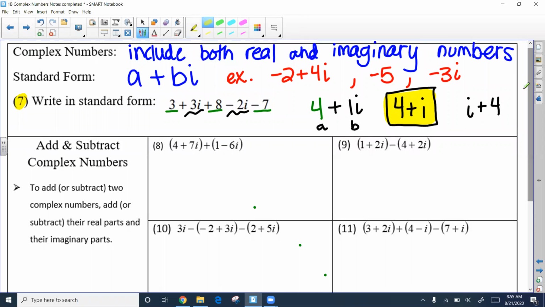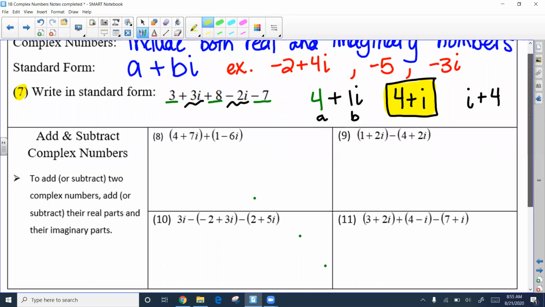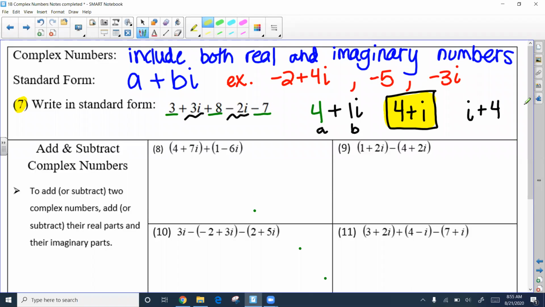Okay. Now that we know what a complex number is and what standard form is, now we can do our operations. So on these examples here, we're going to be adding and subtracting. To add or subtract complex numbers, we're going to add or subtract their real parts and their imaginary parts.